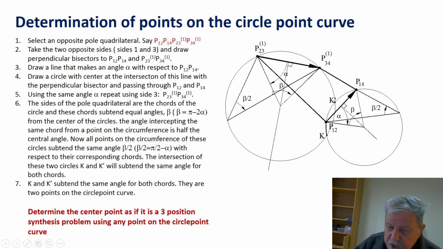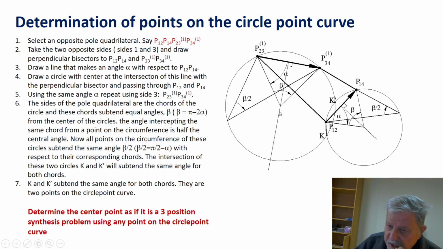Now, if you change alpha, you obtain another circle, and you obtain another two intersection points different than this one. These 2 circles will be a function of alpha.